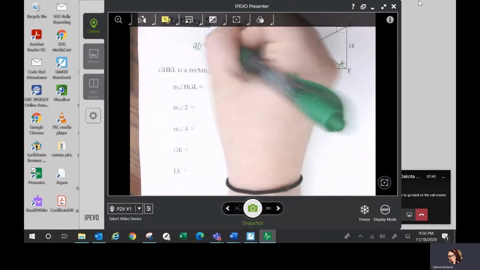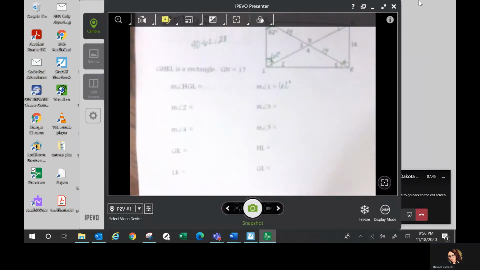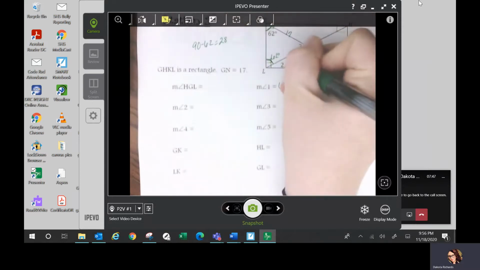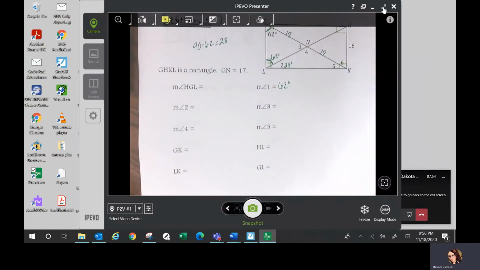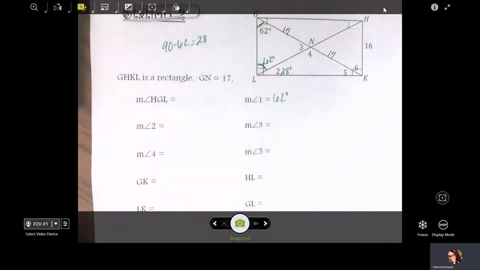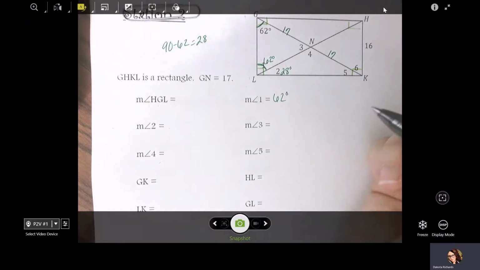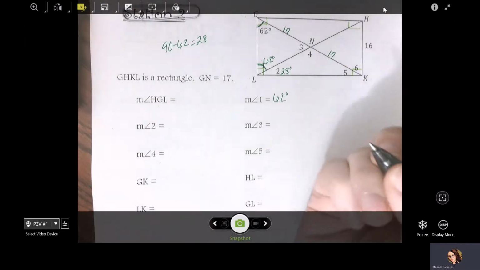That should give you 28. So angle 2 is just 28 degrees. So the measure of angle 2 is 28 degrees.